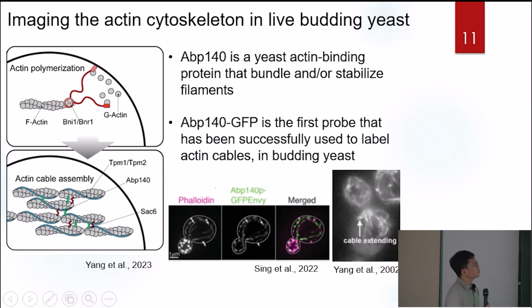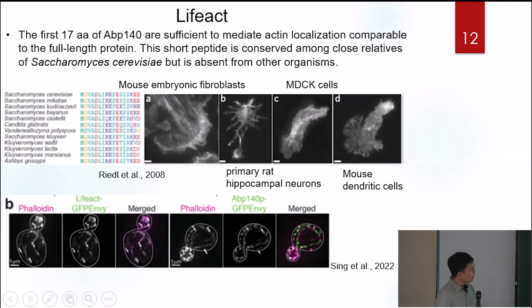Since ABP140 was found, different groups started to try to modify ABP140 and find a good probe for actin filament in other cell types, because ABP140 is only in yeast. So in 2008, they found that the first 17 amino acids of ABP140 are enough to label the actin.